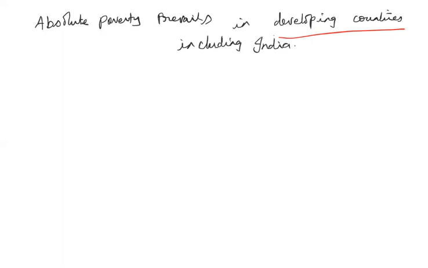Then the second type I mentioned to you is relative poverty. Relative poverty is in comparison. In comparison to the higher income person, this person is relatively poor. It is not that maybe that person is below the poverty line, because the standard of living of every section of the population is not the same, isn't it?